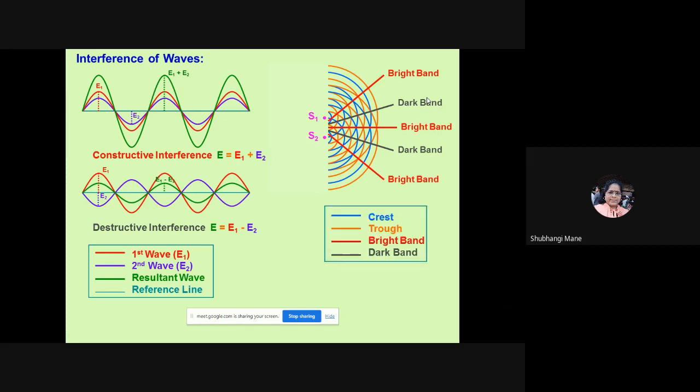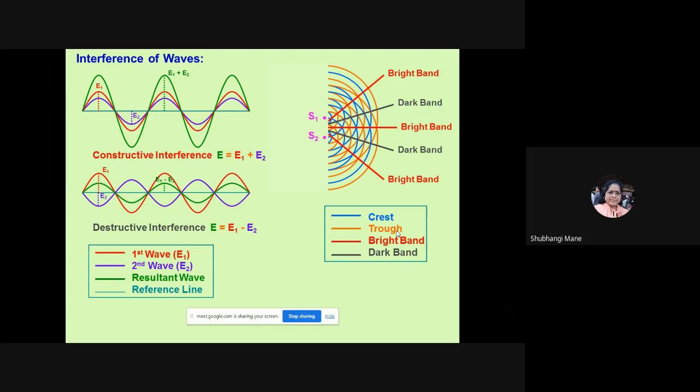The next one: if the crest of one wave overlaps with the crest of another wave, and so on, then we get the condition for a bright band. And if the crest of one wave overlaps with the trough of another wave, then we get a dark band.